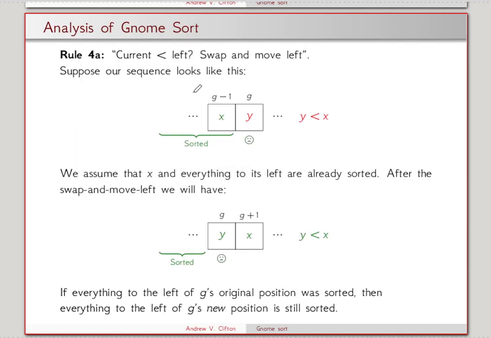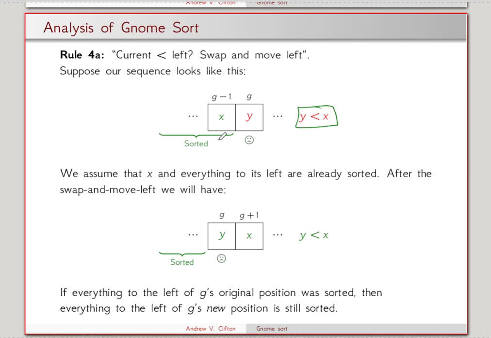So 4a is the one that says if current is less than left, we want to swap and move to the left. Let's say that we have a y that is less than x here. Everything to the left of x is already sorted. That's our assumption going into this, we have that state. We just need to show that after we do the swap and move left, it will still be sorted. So we swap the y down here, and then we move to the left.